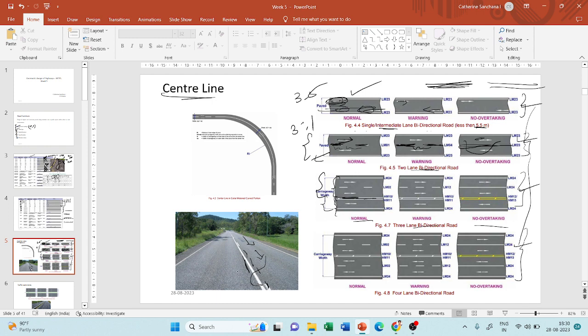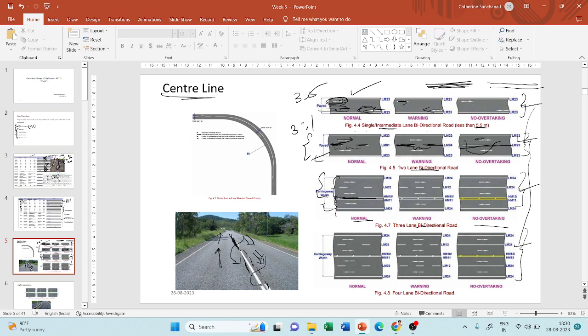So what does a broken line mean? You can move to the other lane, right? So the traffic moving in this direction has the option to move to the other lane, maybe in order to take the overtaking action. But for the traffic moving in this lane, the line which is nearest to them is this solid line, right? This means that they cannot move to the other lane.